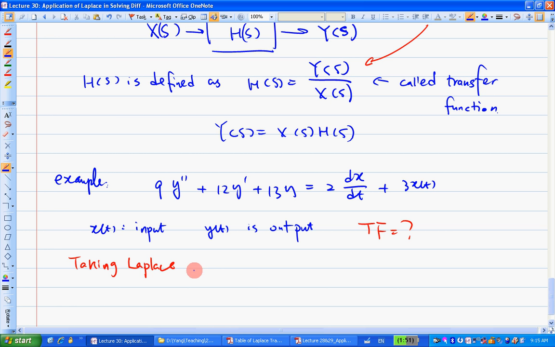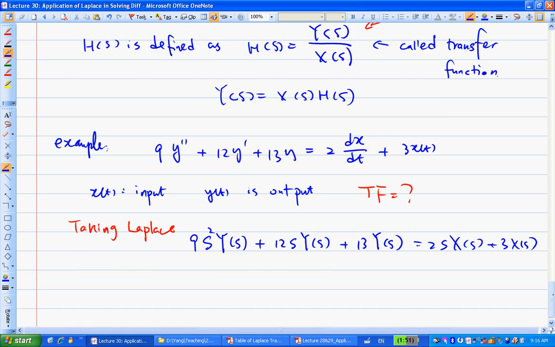So when you take the Laplace transform, this is just 9 s squared capital Y of s plus 12 s Y of s plus 13 Y of s. Is that good? The other side is 2 s capital X of s plus 3 capital X of s.